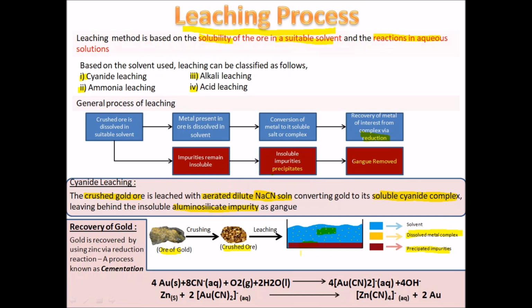The reaction that takes place in the cyanide leaching is illustrated here, which will be taken up for balancing. The recovery of gold from this equation can be done via a reduction reaction, and this process is called cementation, wherein when zinc is being used, gold gets precipitated or recovered.